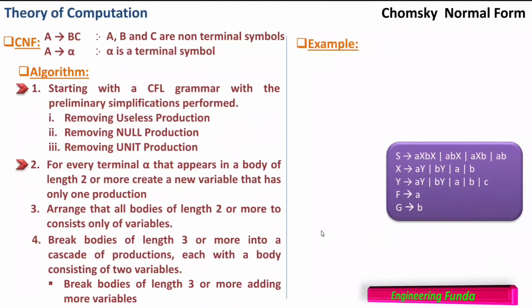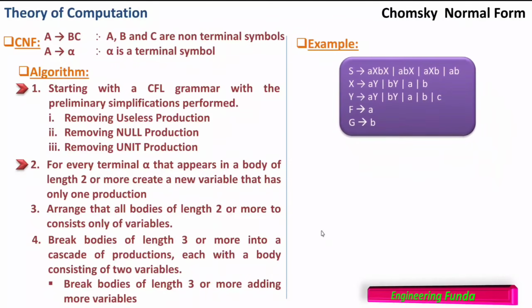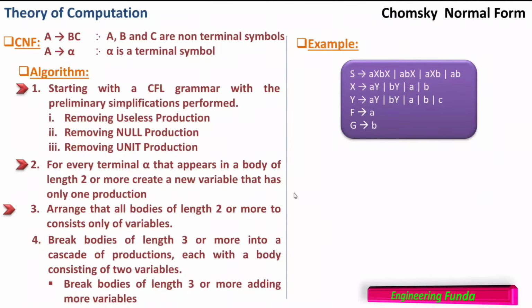Let us move ahead. For the next step, we have to take this newly created grammar. Look at step number 3. Now arrange all bodies of length 2 or more to consist only of variables. Let us see how many of them are there.